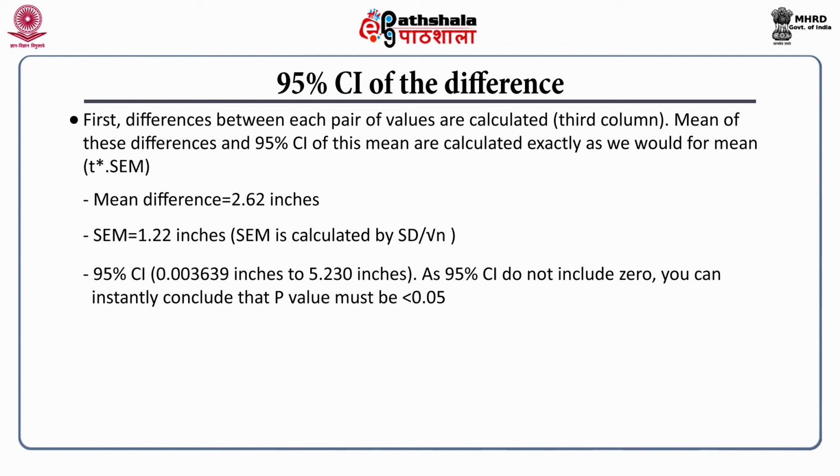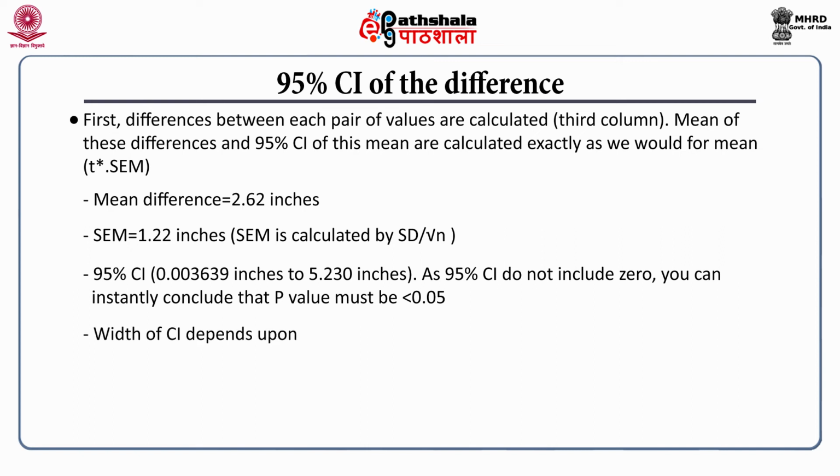As we can see here instantaneously, this range does not include our null hypothesis value of no difference, that is 0. Of course, this range does not include 0, because the lowest value 0.0036 is still a little bit higher than 0. So as the 95% CI does not include 0, you can instantly conclude that the p-value must be less than 0.05. It's less, but not significantly less. It's a little bit less than 0.05.